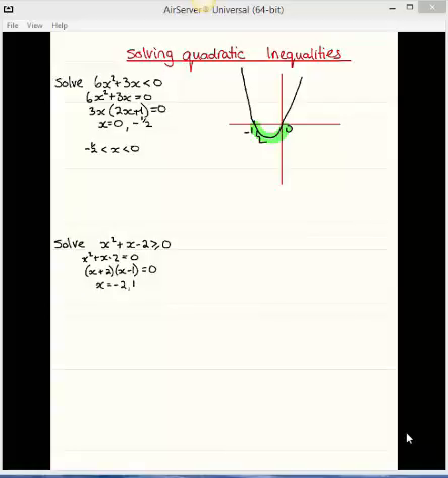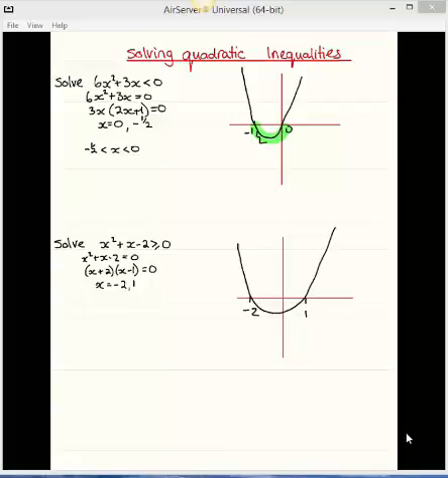So then we draw our parabola with a small sketch. We know it crosses at negative 2 and at 1, and then you draw in your parabola shape. Again, we've got another happy face parabola because it's positive x squared, so a is greater than 0.